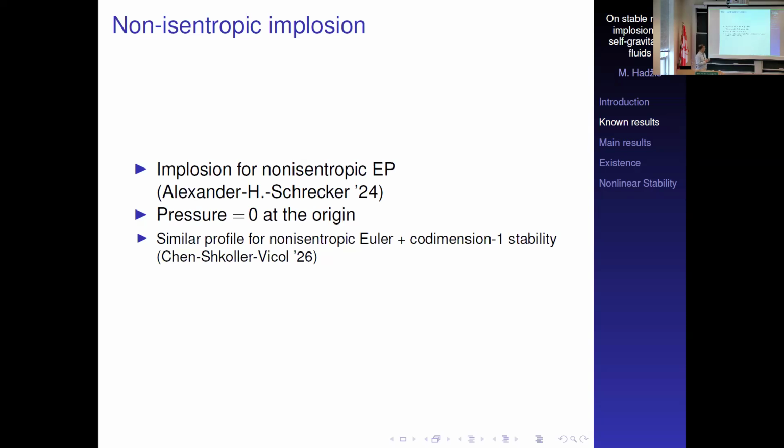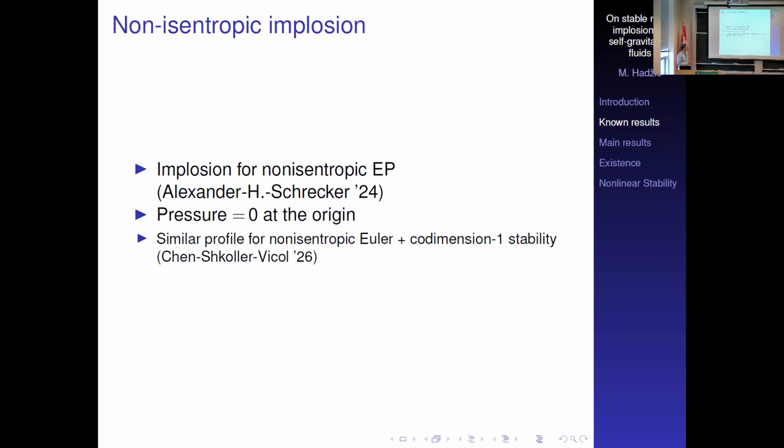And just last week, a similar profile was constructed for Euler without gravity, and both results have this undesirable feature that the pressure is in fact 0 at the origin. But such things exist.